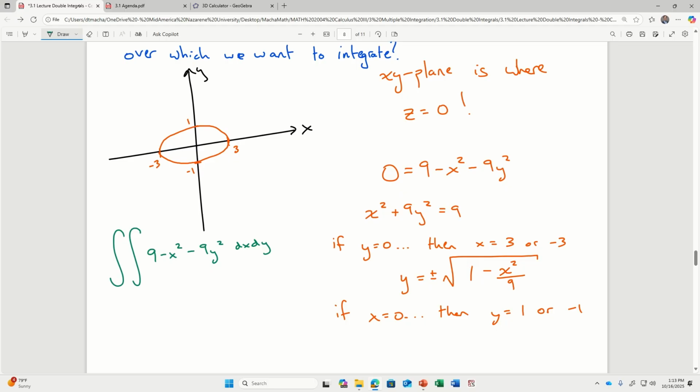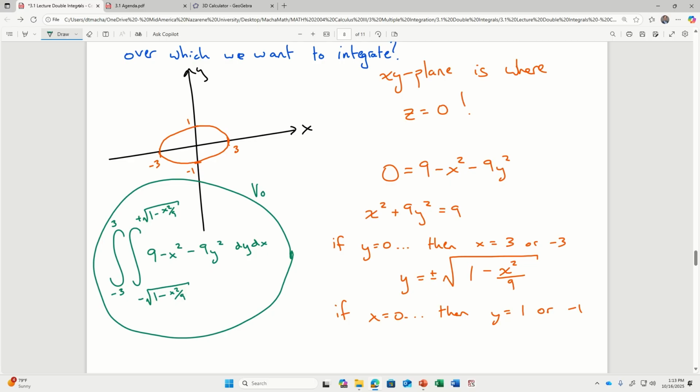For the lower bound of y, I need that lower bound to be negative square root of 1 minus x squared divided by 9. So I guess it does matter the order of integration, because I just found this for y as the lower bound of y. The upper bound of y would be positive square root of 1 minus x squared divided by 9. The lower bound of x could be negative 3, and the upper bound of x could be positive 3. And this is the double integral that will give me the volume of my solid.